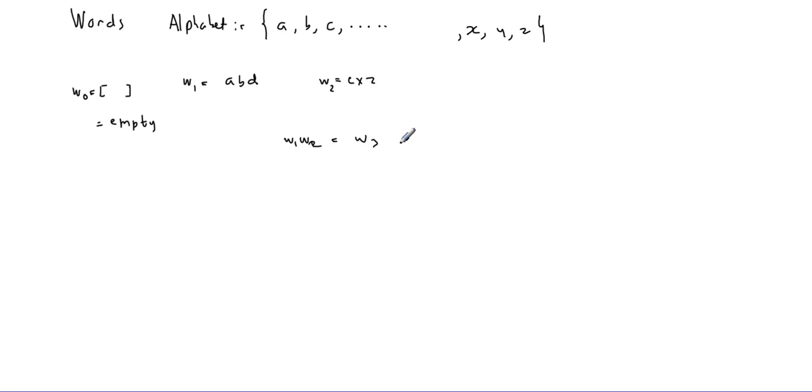In this case, word 3 would be A, B, D, C, X, Z. That would be the meaning I will check in the dictionary. And if I put word 2 and the word 1, I'll get C, X, Z, A, B, D. It's a different word. Possibly this is word 4.